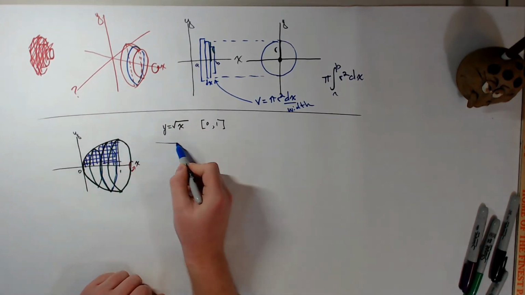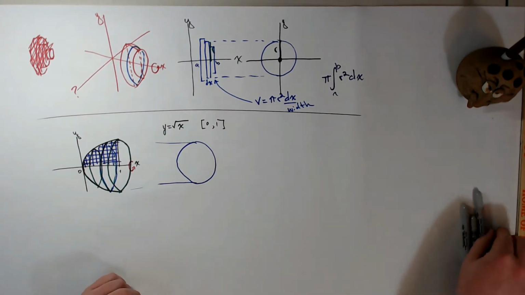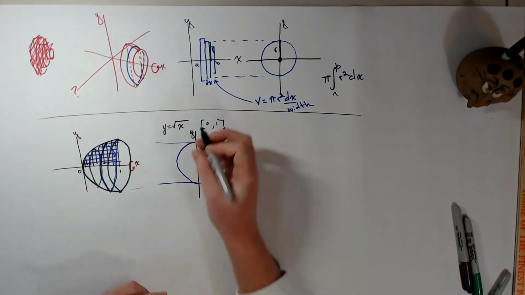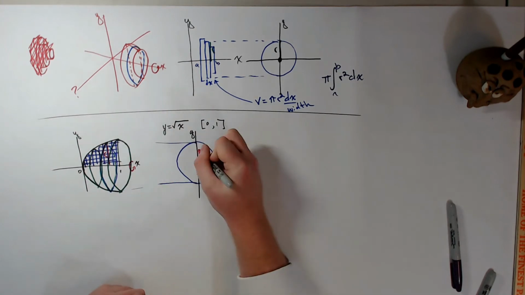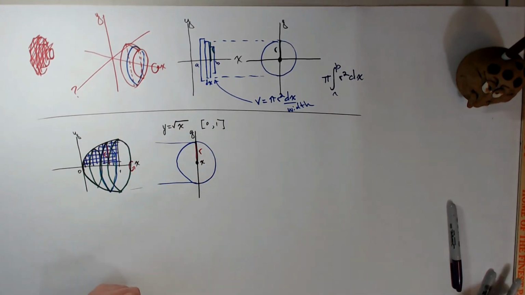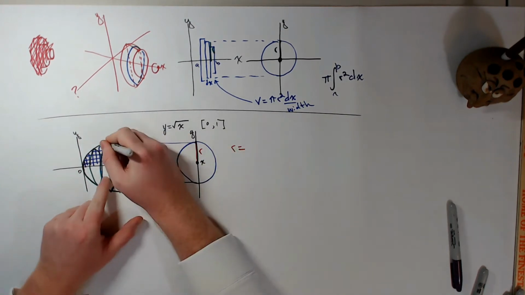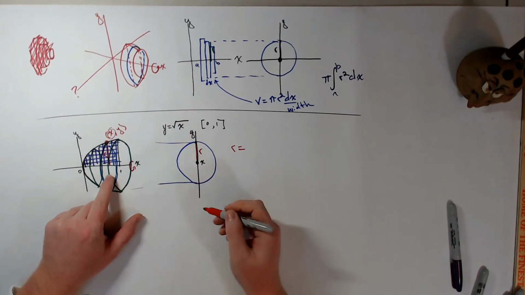And like we did in the previous example, I'm going to look at a specific slice. This is going to help me to identify the radius and where that radius is coming from. So here I'm looking directly at the x-axis and the y-axis is moving up and down. And that radius, the distance from the axis of rotation, the x-axis, is equal to the height of the curved function, which was y equals the square root of x.